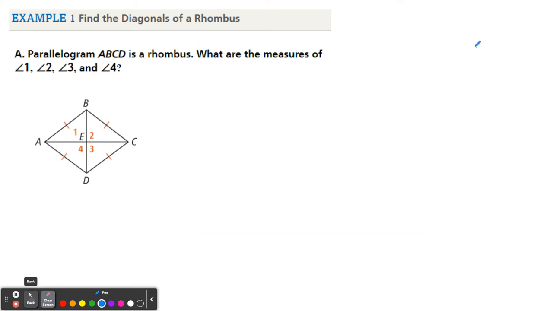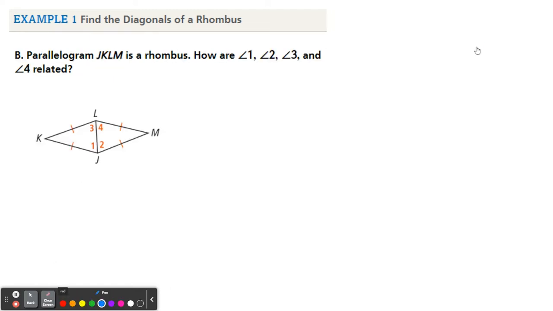All right, next. Another rhombus problem here. Okay, so again, it says parallelogram JKLM is a rhombus. How are angles 1, 2, 3, and 4 related? Well, if you look at this picture here, I see 2 triangles. I see a triangle here and a triangle here. So I think we can prove those 2 triangles congruent, right?